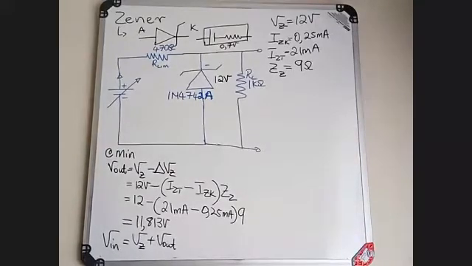Are you saying something? Yes, may I please ask a question? For the V out there, where it's 12 minus 21 minus 0.25 times 9, my calculator is giving me a negative answer and it's not even 11,813.